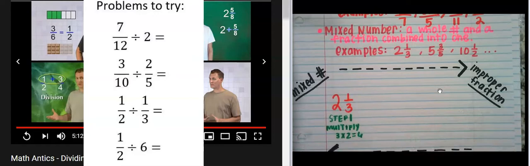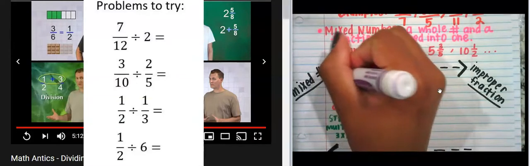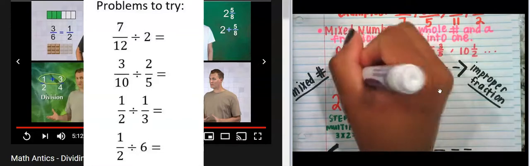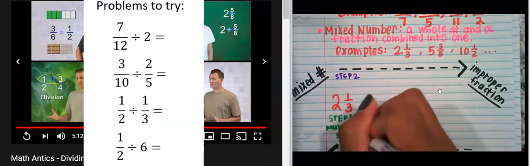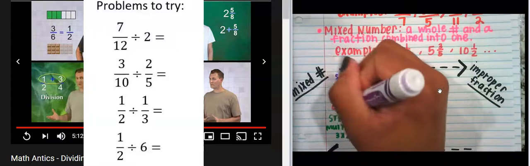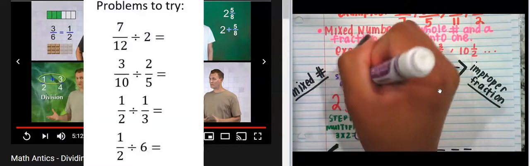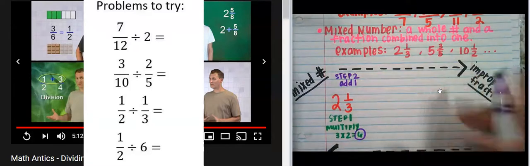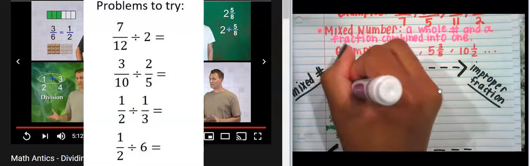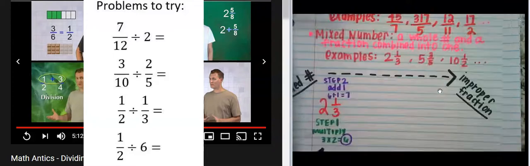Then step 2, add what we got when we multiplied 2 times 3. Add the numerator, so add 1. So we have 6 plus 1 gives us 7.